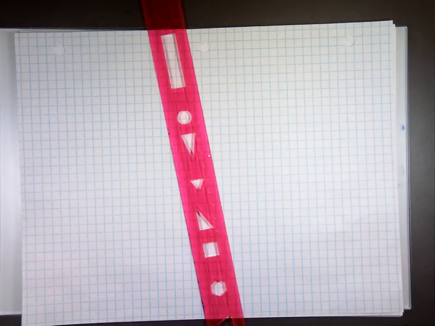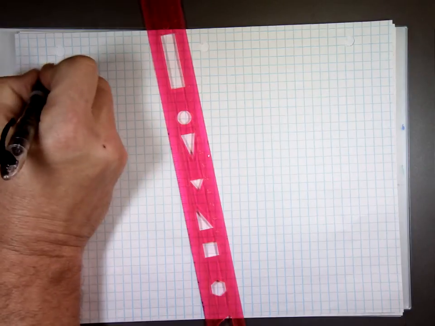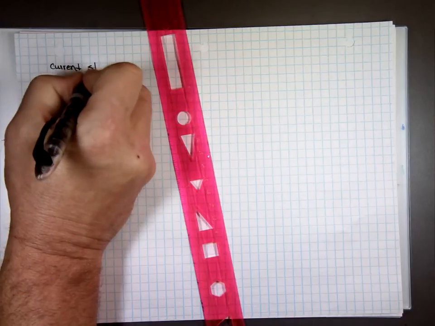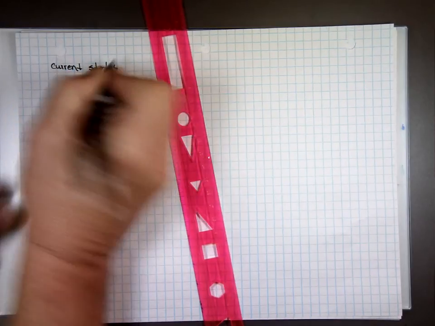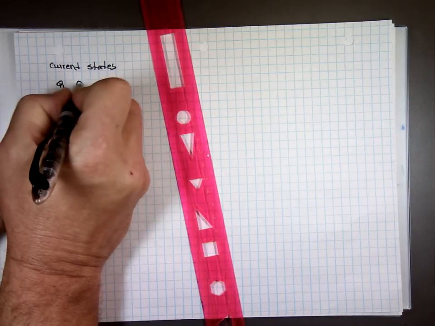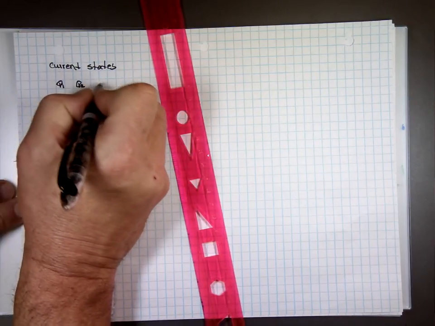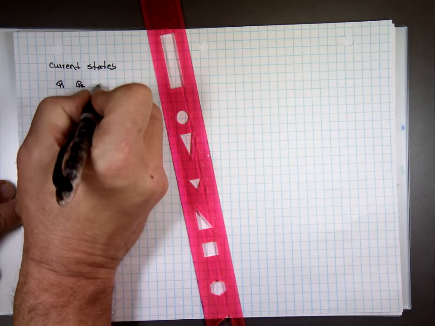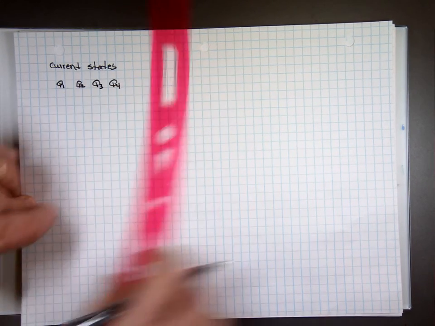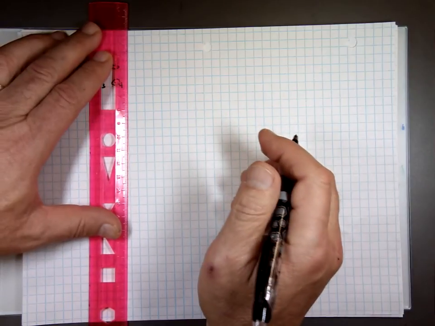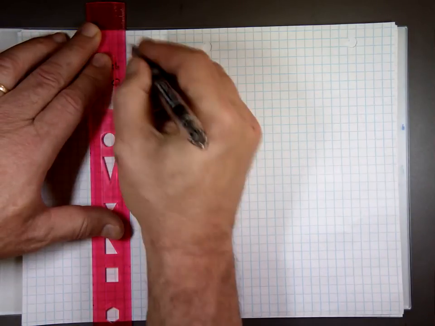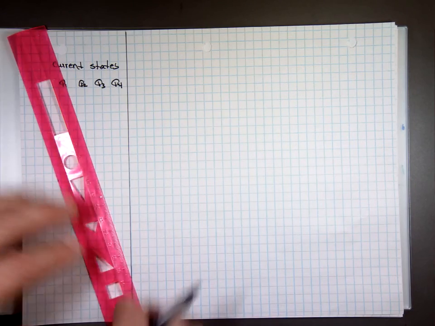So I have current states. I get 4 of them now because we said 4 flip-flops. I get Q1, Q2, Q3 and Q4. I do not have any external input. The only thing I have is the clock. The clock comes in, it says if you see this clock, depending on where you are, go right there.